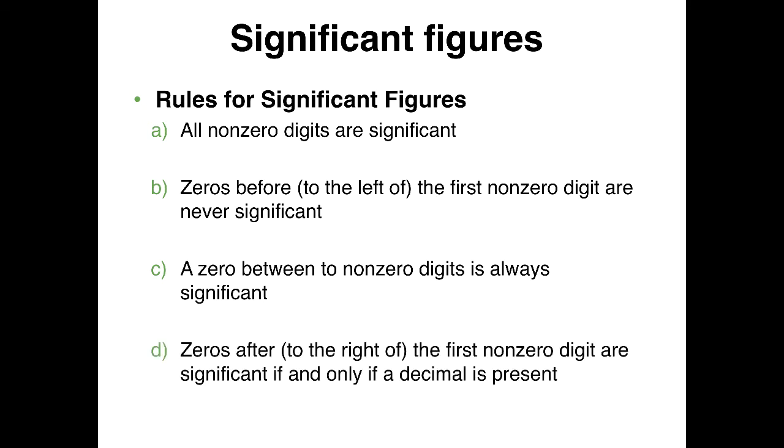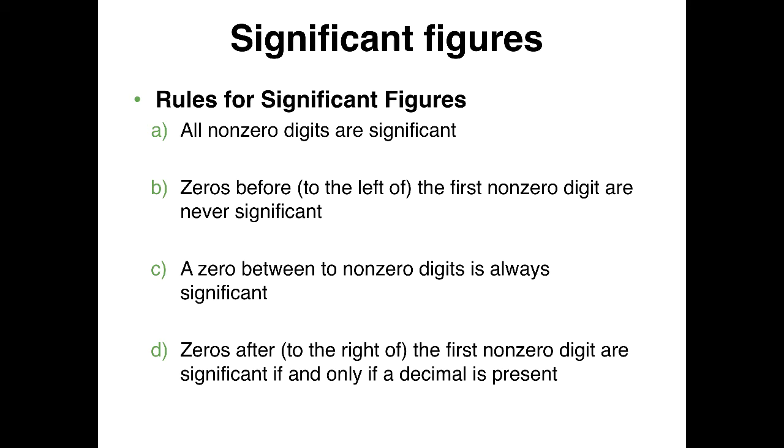And then lastly, zeros after the first non-zero digit are significant if and only if a decimal is present. Again, if a decimal is present, then the zeros do not represent placeholders. If there's no decimal, then the zero is a placeholder. For example, if you write the number 10, you have a 1 and a 0.